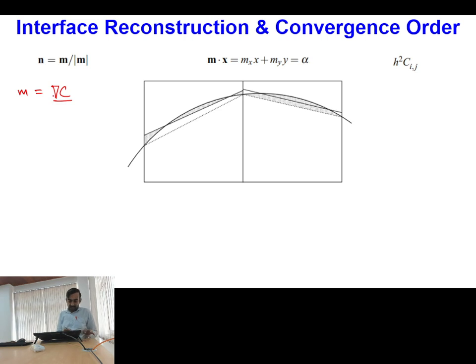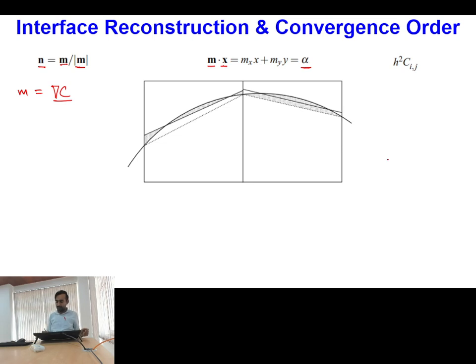The unit normal vector will be the m vector divided by the magnitude of the m vector, if I consider m as the gradient of c. Now, once I know c and m, then I can write m dot x equal to alpha, where m dot x is the equation of a line, and alpha is the intercept, that is, at what location I need to specify the line.